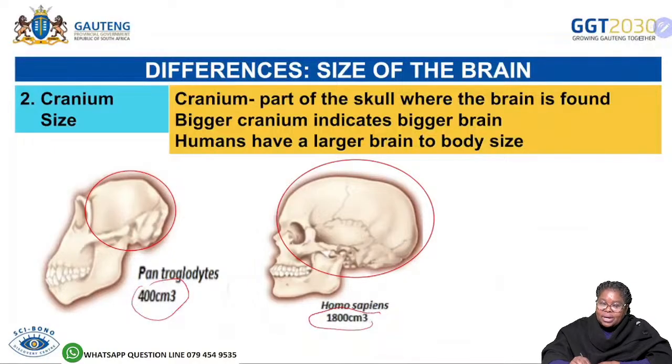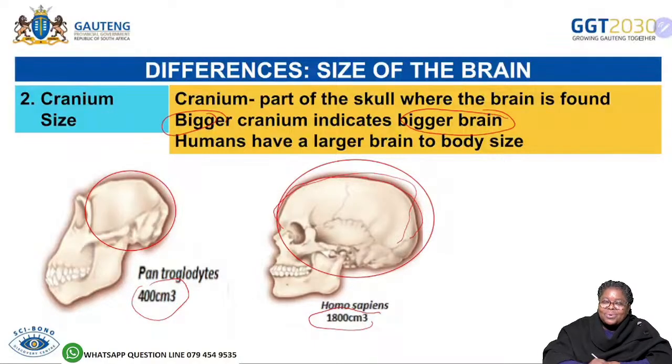This means that the cranium, which is part of the skull, it is protecting the brain, or we can say the brain is found inside what? The skull. And then the bigger cranium indicates the bigger brain.